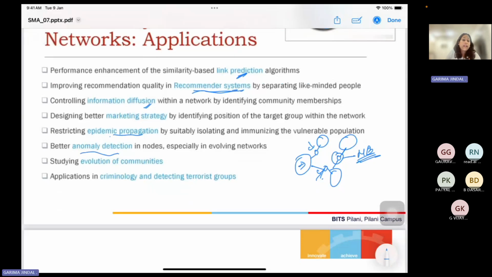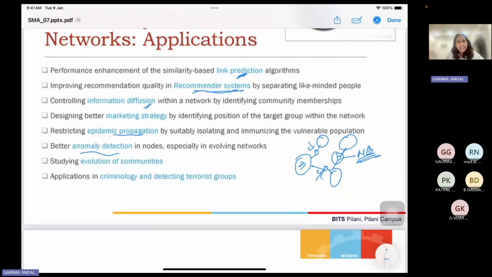Now, again, like anomaly detection. How will you identify an anomalous node in the network? First, you can identify the communities in the network. After identifying the communities, we can try to understand the properties related to a particular community. For example, I have a community in the network, and this community has most of the people who are doing bachelor's, and then I can see that there is one person who is from the MTech program.